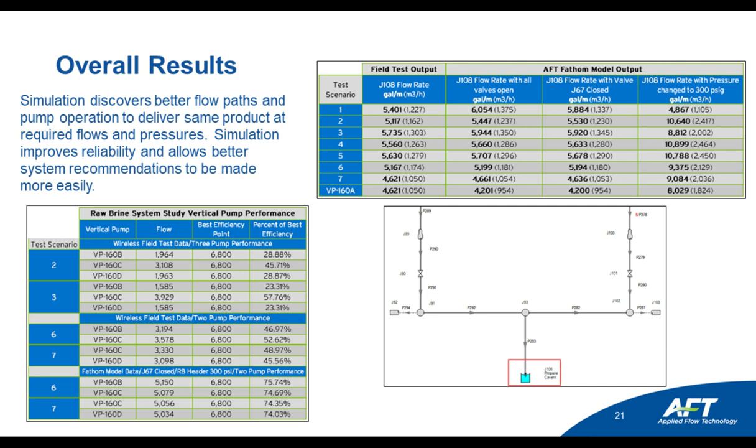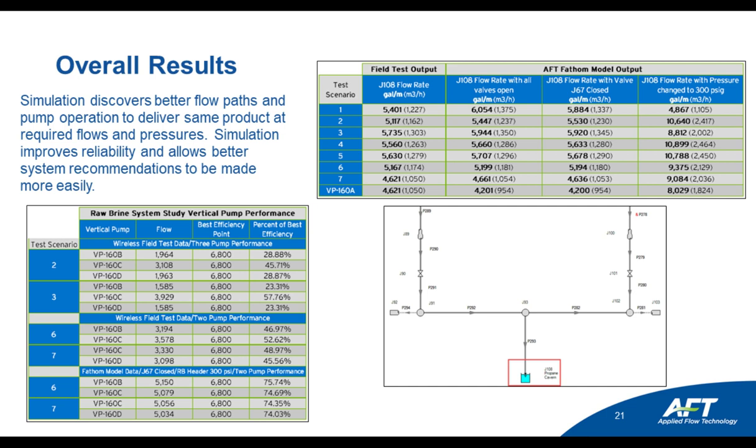So here's the overall results for all of the different scenarios that they're looking at. As you can see here in the upper scenarios, test scenarios 2 and 3, they were ranging at even lower proximities to the best efficiency point, between about 20% and 60%. And then all the way up to about 75% in test scenarios 6 and 7.